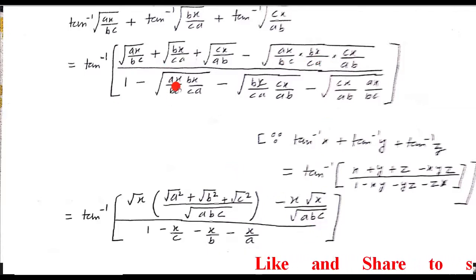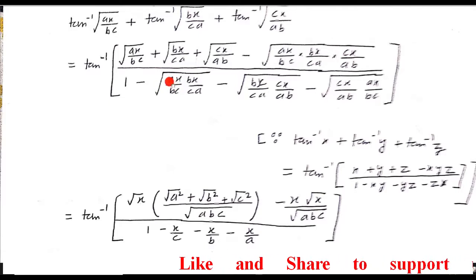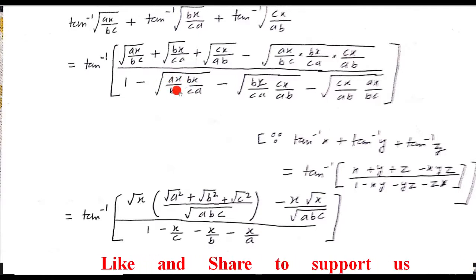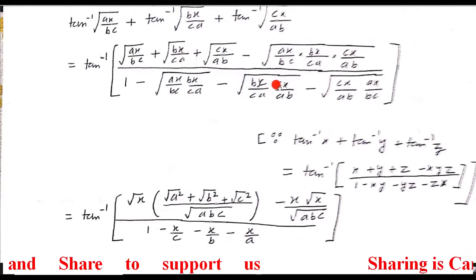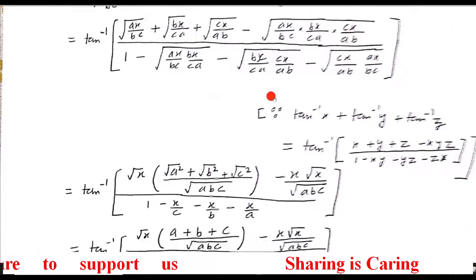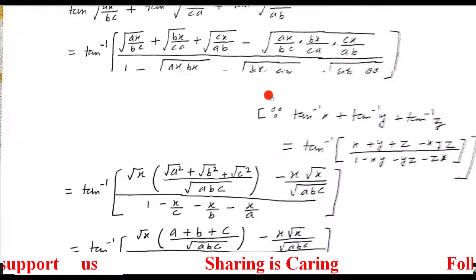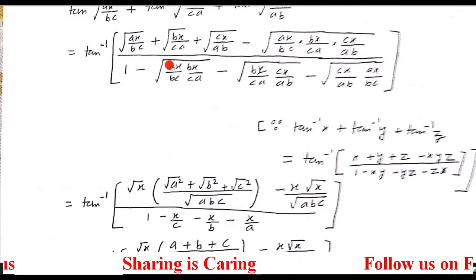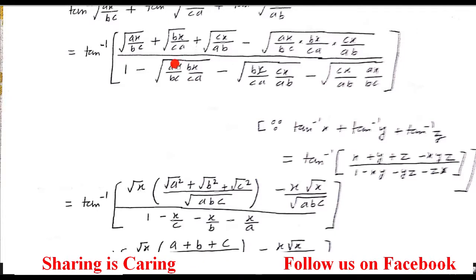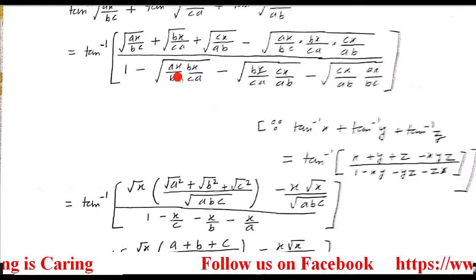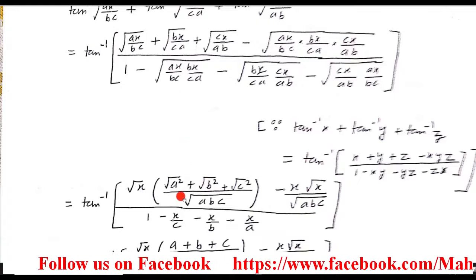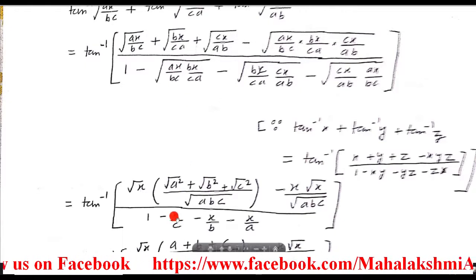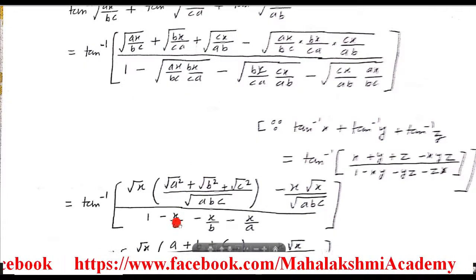And in the denominator also, whatever we can cancel we will cancel, that is a cancelled by a, then b cancelled by b. In the same way here also b will cancel by b and c will cancel by c. So after all the cancellation we will get here x square, and here we will get c square. So the root will be removed, because we get x square and c square inside, so we will get x upon c.